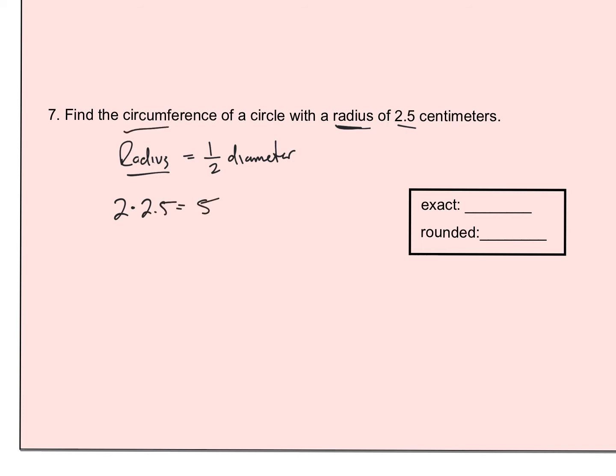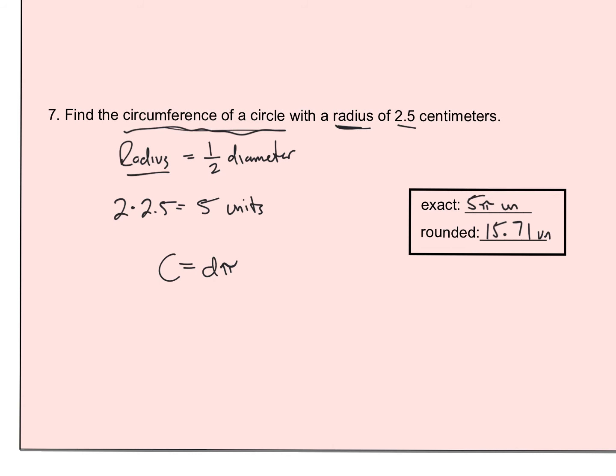So the diameter of this circle is 5 units. My exact answer is going to be 5 pi. Then I multiply it out and you end up with 15.71. That's my answer.